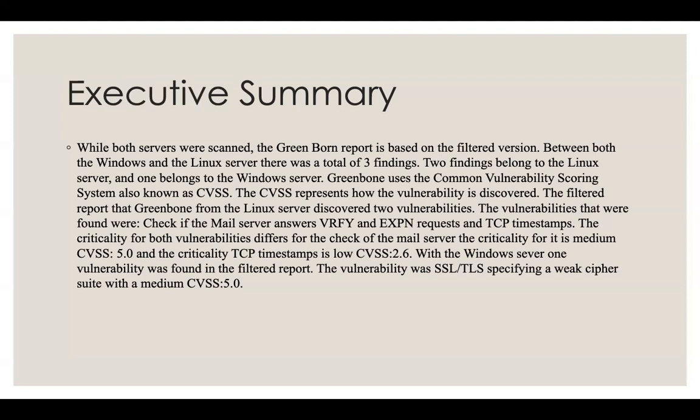The check if the mail server answers VRFY is 5.0, which is medium, and the TCP timestamp is 2.6, which is low. And the Windows server only had 1 vulnerability, the SSL/TLS weak cipher suites, and the criticality for that one is medium, CVSS 5.0.